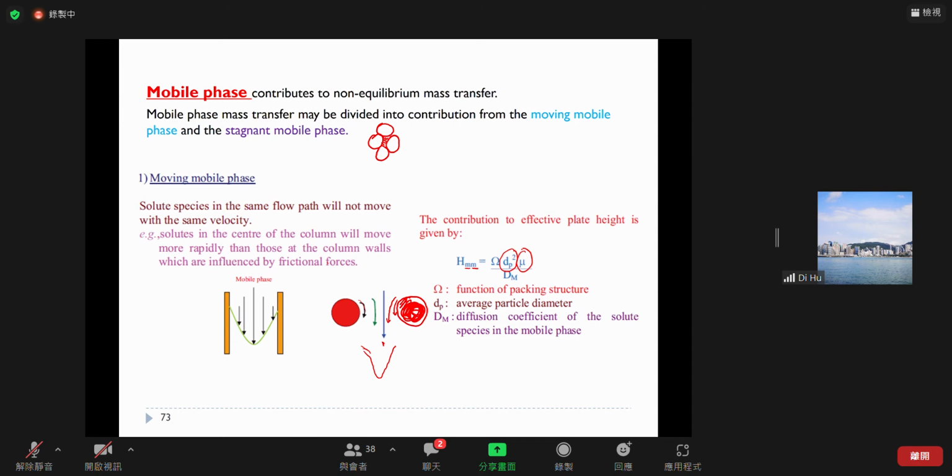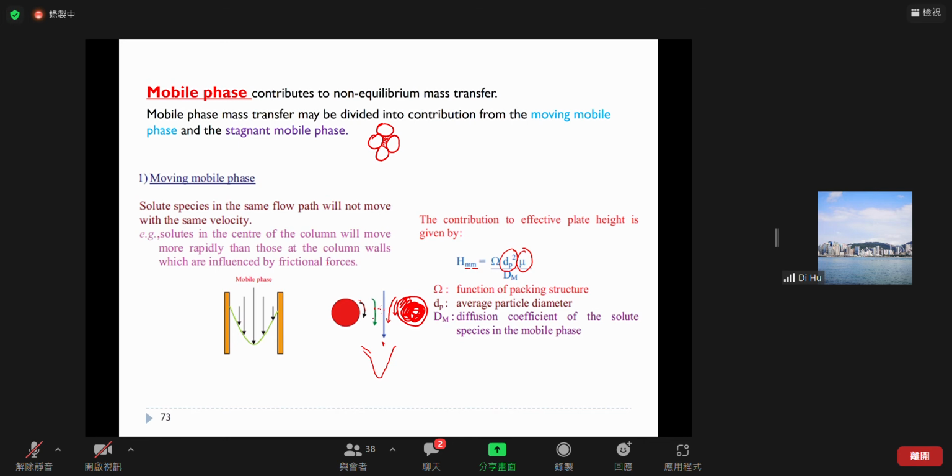Why is that? Again, because if it's slower speed, it will take more time for the mobile phase to pass through the column, and so there will be more time for the analyte to diffuse. Like for example, at the same time you have their diffusion, right?